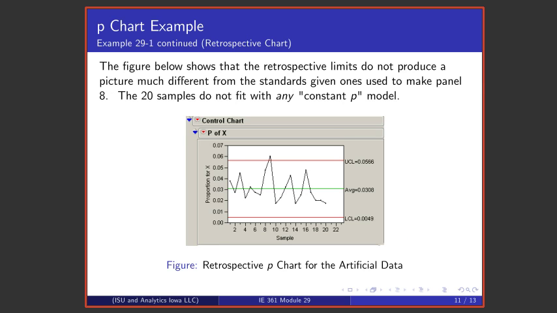If you then use those control limits and look at the data retrospectively, it's still the case that sample 9 is seen to be inconsistent with the others. It's just not plausible that those counts all came from a single binomial data generating mechanism.